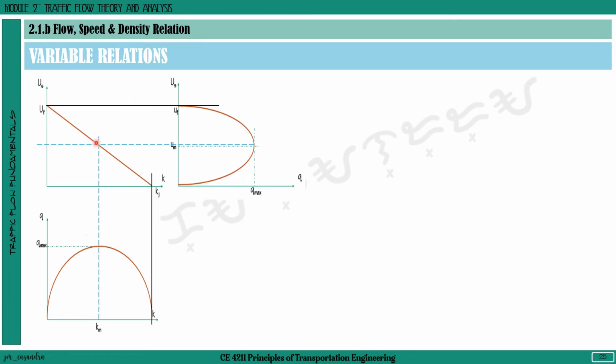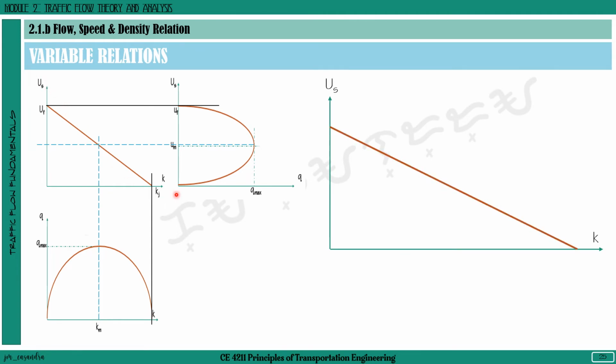So if I will now make the U sub F, K sub J graph larger, okay, so we have here your free flow and we have your jam density.